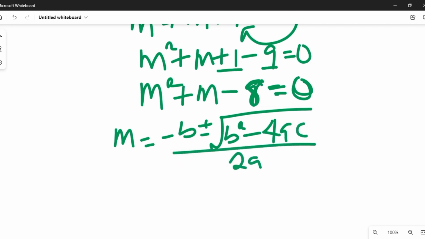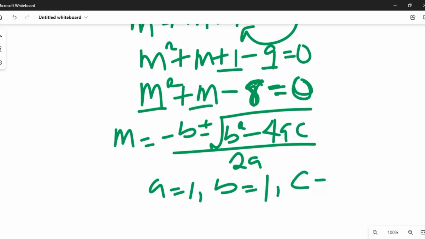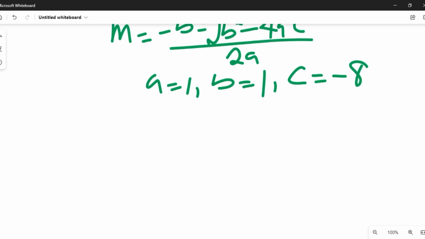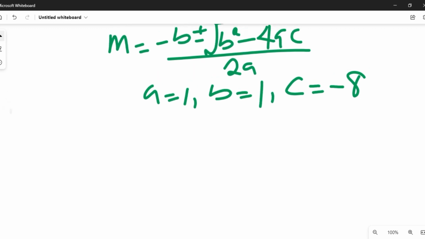From that expression, we'll have our a to be equal to 1 because we have 1 here. We'll have our b to be equal to 1 because we'll have 1 here. And then our c will be equal to minus what? 8.